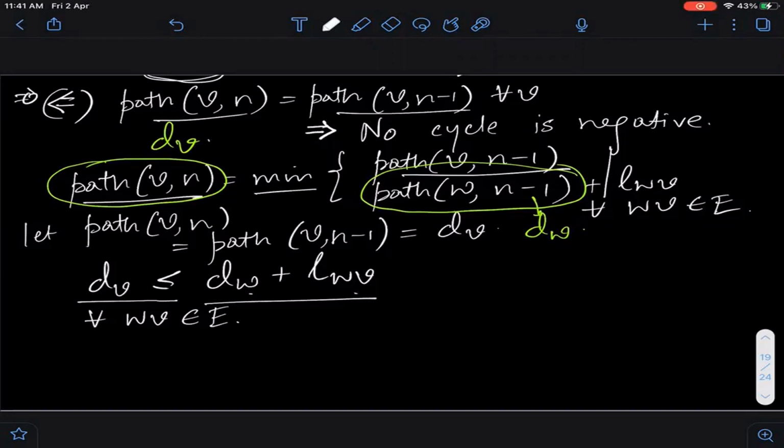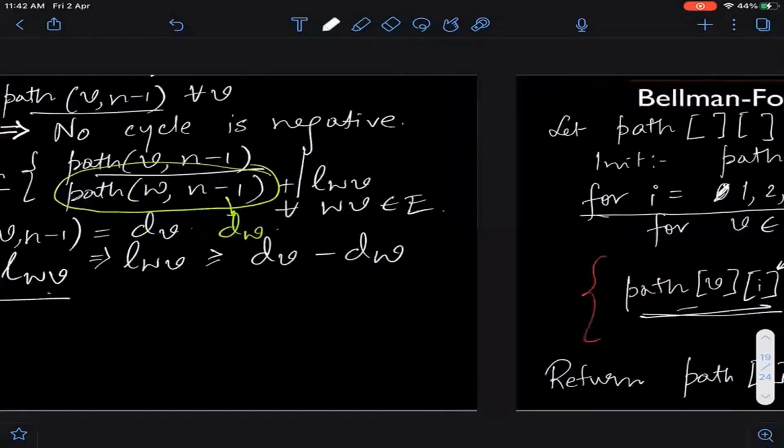Equal नहीं कह सकते, remember. All we can say is this is less than or equal to. ठीक है? तो इसको मैं थोड़ा ढंग से लिखूं तो क्या मतलब है? lwv is greater than or equal to dv minus dw. Okay?